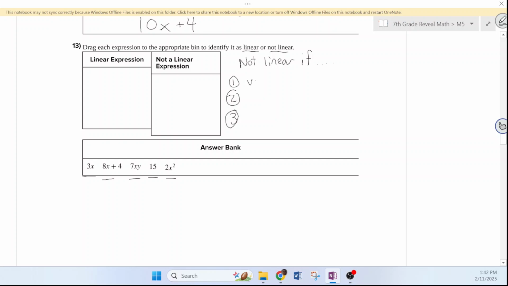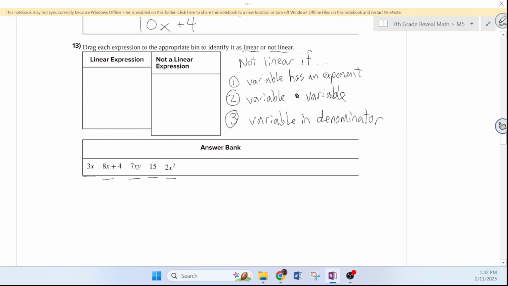Okay, if a variable has an exponent. Okay, if we have a variable times another variable, or we have a variable in the denominator. Okay, that cancels it out from being linear.